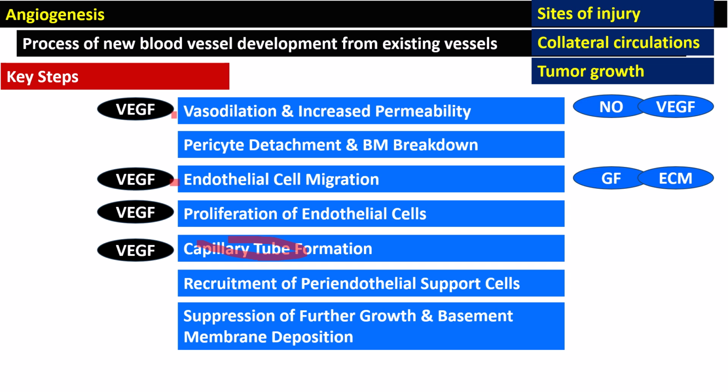One such factor is vascular endothelial growth factor that acts on various steps of this angiogenesis. It drives endothelial cell migration and proliferation. It promotes vasodilation via nitric oxide, and there is also vascular lumen formation.